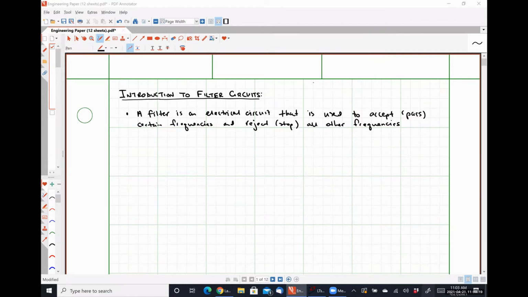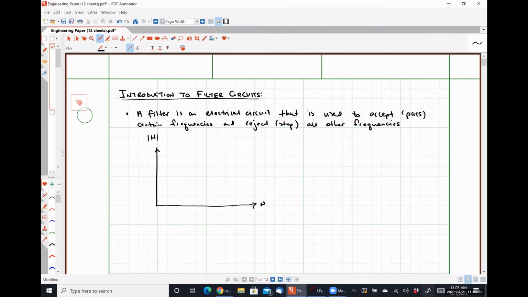So our first filter has a response that's going to look something like this. What we're doing is measuring the amplitude, which I'm going to call the magnitude of H. We'll talk about what H is in a moment.